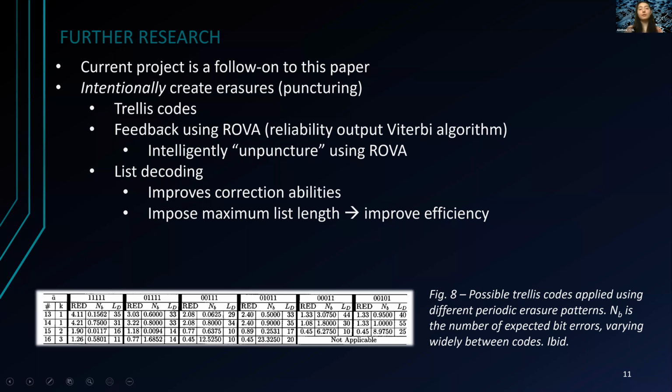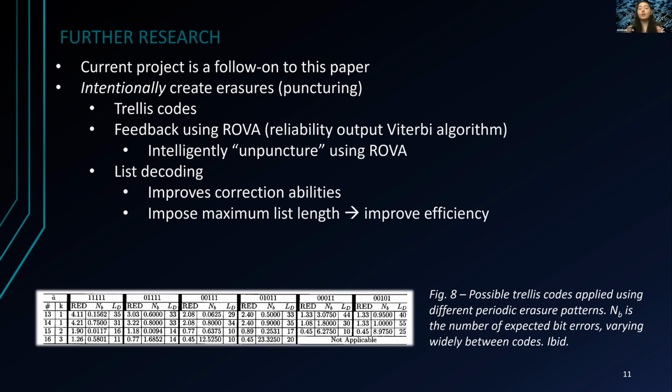We are also using feedback via ROVA, which is the reliability output Viterbi algorithm, which basically gives you a probability that the output that you decode is correct. The reason we use this is because initially we're going to puncture or get rid of as many symbols as possible, which allows us to basically send a much fewer number of bits and is much more efficient therefore.